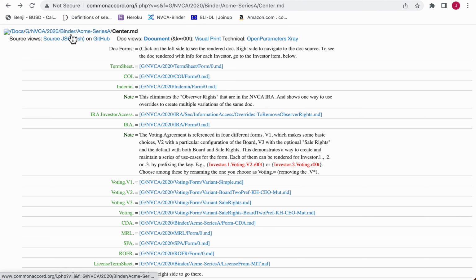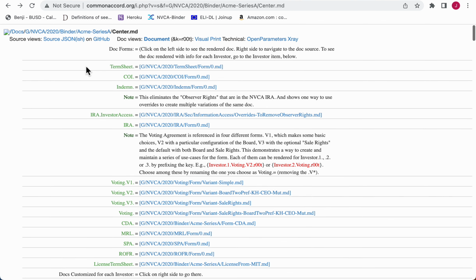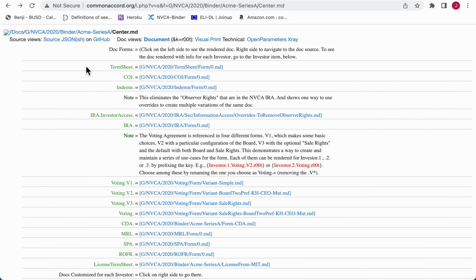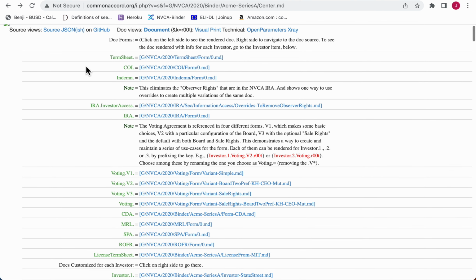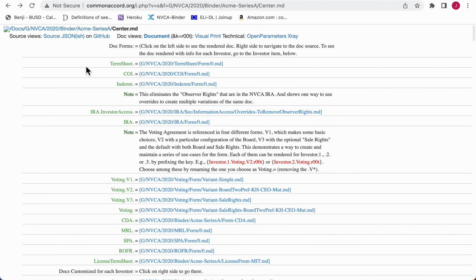And what we've done is we've put them into a binder for an example of a hypothetical Acme Series A transaction. So note that this is a very complex set of documents.